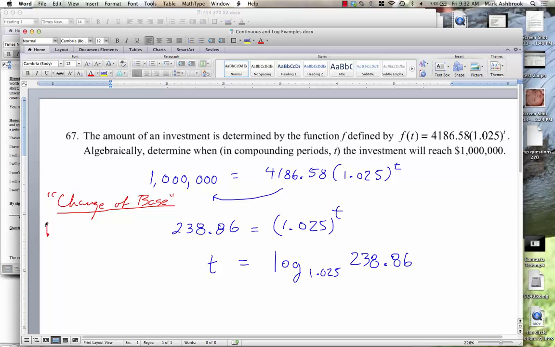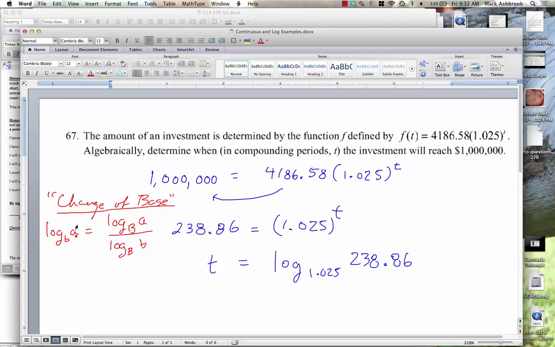It says that the log base b of a is the log, so we can choose a new base, call it capital B, anything we want. Log base capital B of a over the log base capital B of the original base.